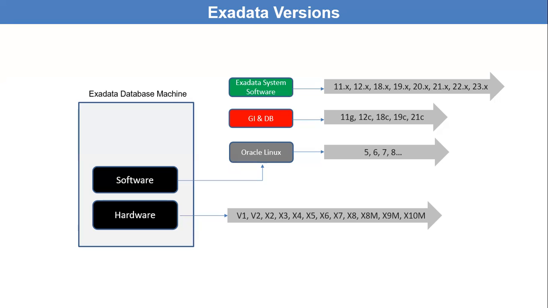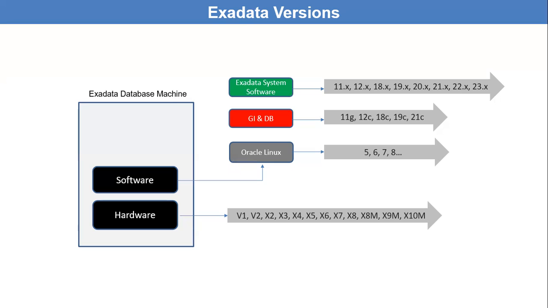Similarly, what is the difference between Oracle Linux 7 and Oracle Linux 8? Again, some new software-level features are introduced in the newer versions. Then what about hardware? What is the difference between the old version of hardware and the new version of hardware? That is what we are going to understand now.